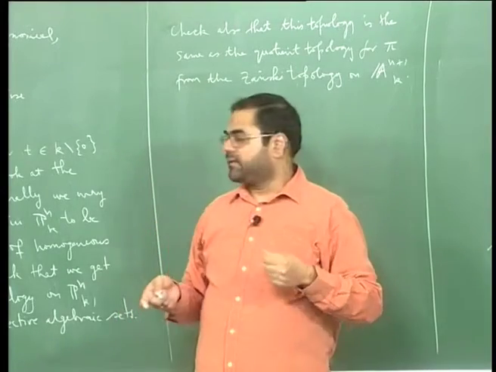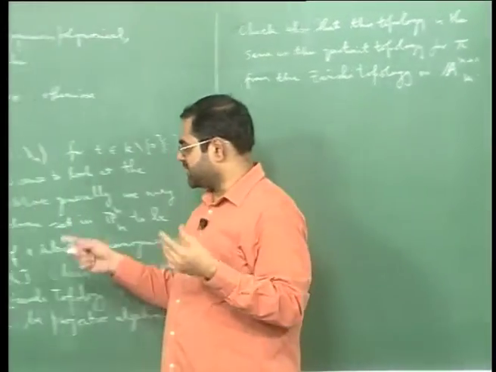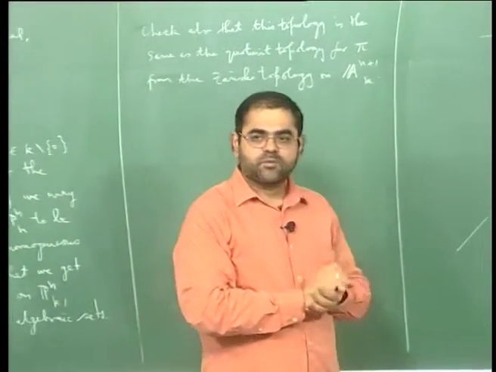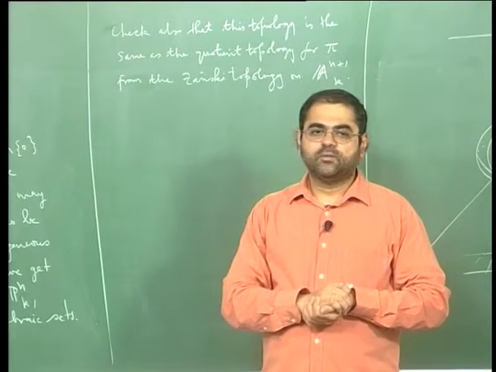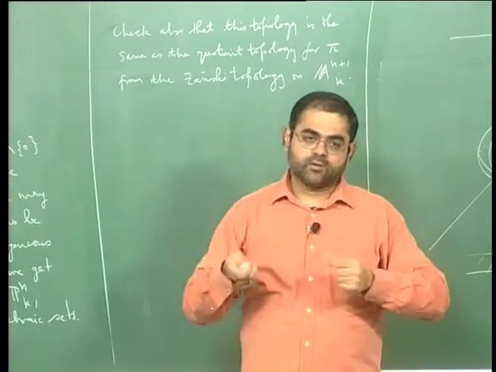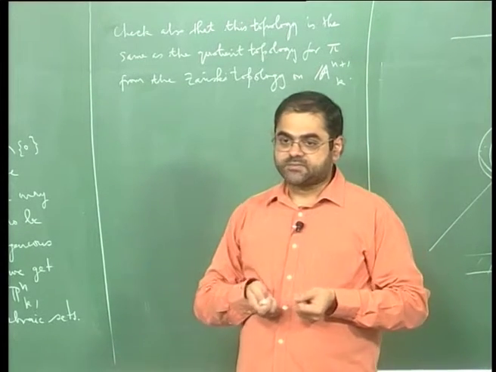Okay. So if you take a homogeneous polynomial, it is very easy to define the 0 set of that in projective space, and if you take a bunch of homogeneous polynomials, then the common 0 locus of this bunch is what is called an algebraic set, and that is how a closed set is defined. Okay. And this gives you the Zariski topology on the projective space.